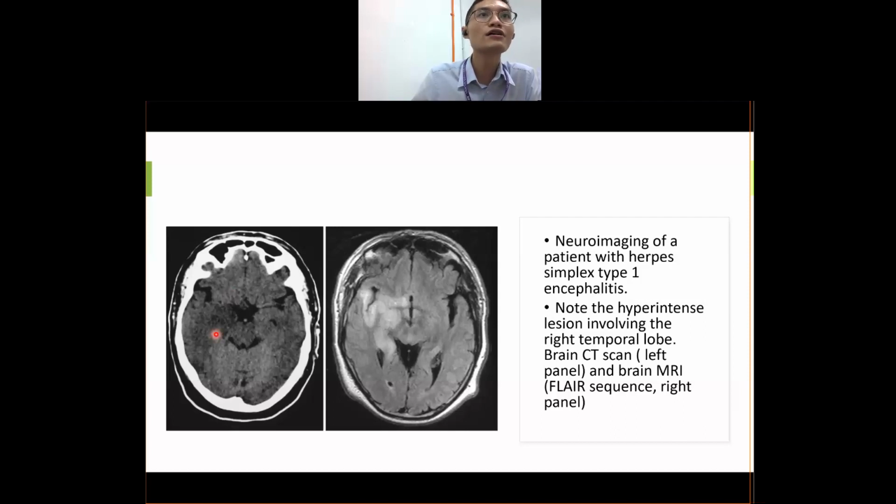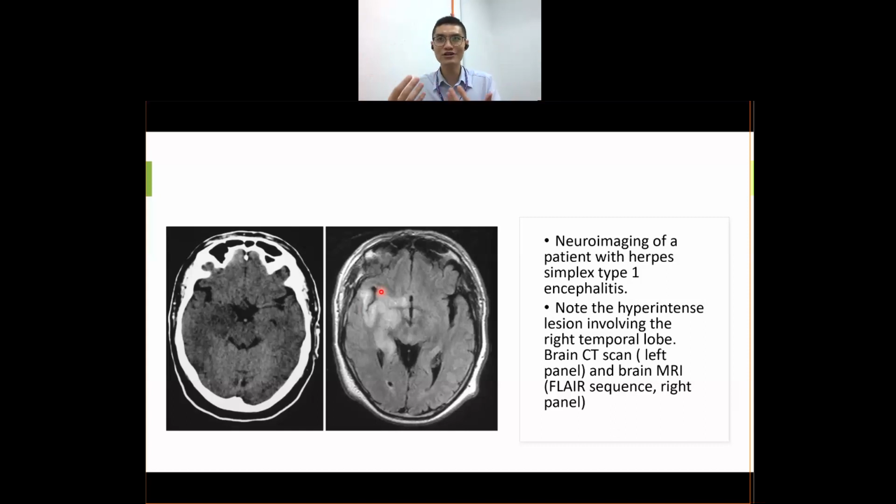But if you do an MRI, you can see that it is very well delineated over the medial temporal lobe, involving the insula of the brain. So this is the common location for herpes simplex virus to infect. Don't ask me why herpes simplex virus likes to be there. It is just something that has been observed over years, over decades.